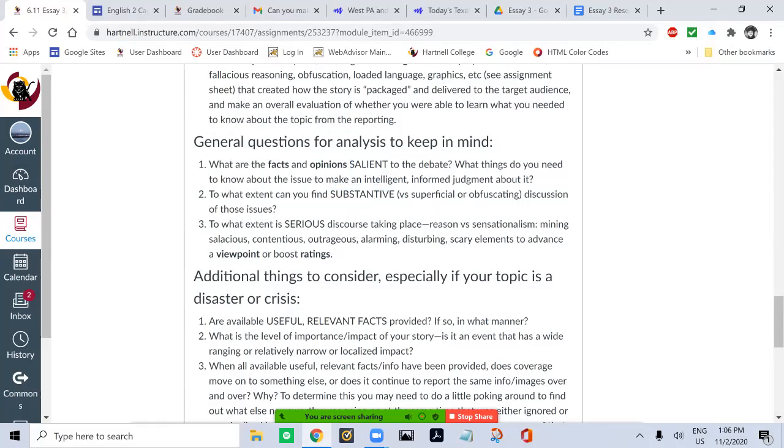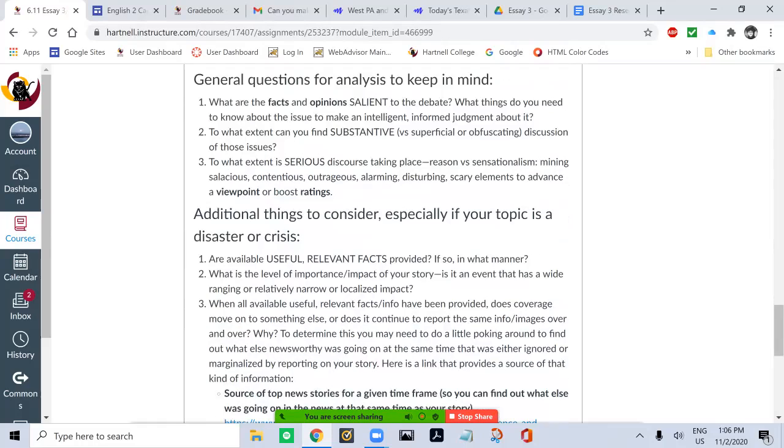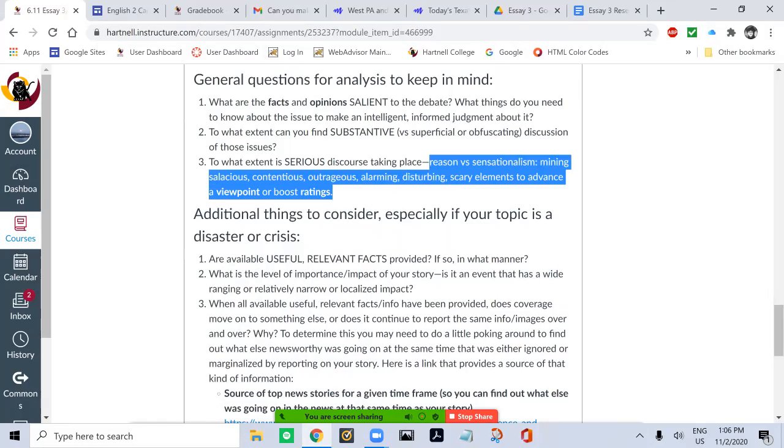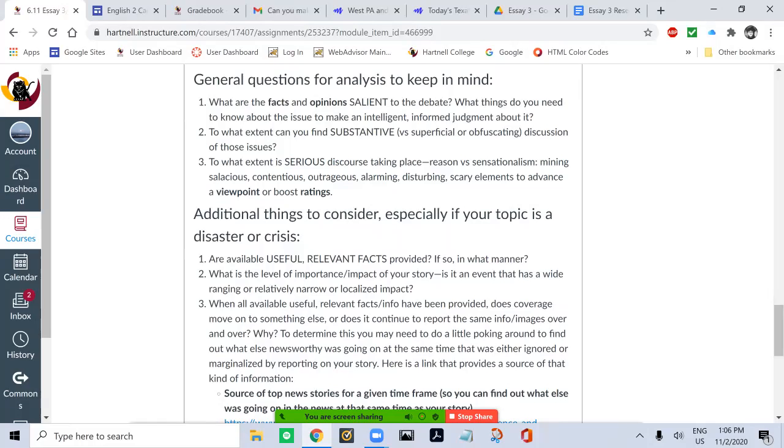Do they get deep into it, or are they just skating over the surface, or sensationalizing, or being deliberately confusing about the issues? And to what extent is serious discourse taking place? Reason versus sensationalism, mining salacious, contentious, outrageous, alarming, disturbing, scary elements to advance a viewpoint or boost ratings.